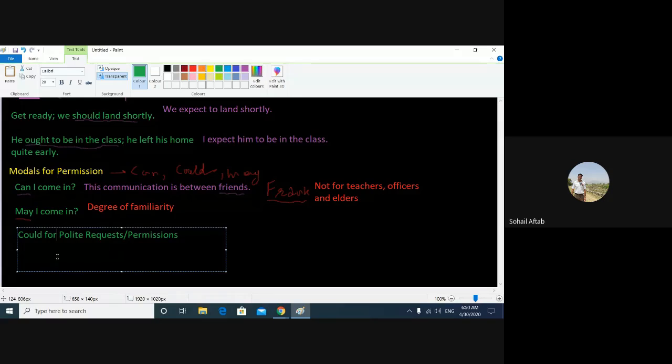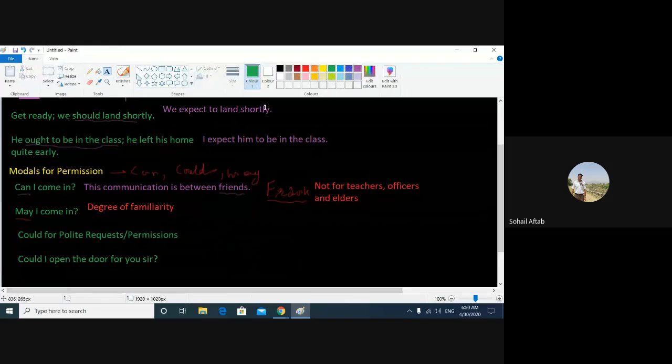For example, your senior is around and you want to open the door for him. So you can say, could I open the door for you, sir? That would be a kind of polite permission or polite request.